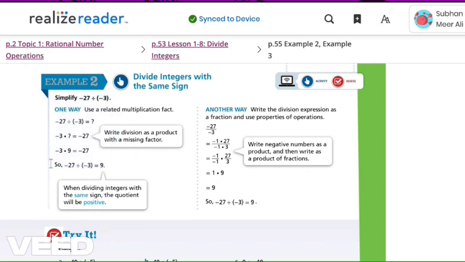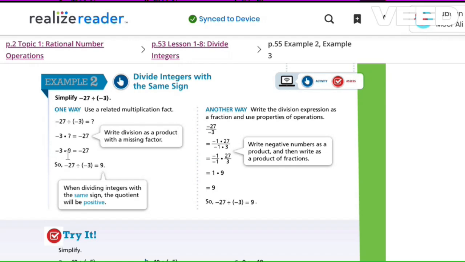Notice how a negative times a positive gives us a negative. This step is known as writing a division equation as a multiplication equation with a missing factor, with a missing number. When dividing integers with the same sign, the quotient will be positive.